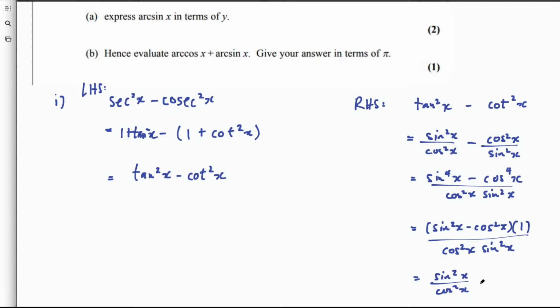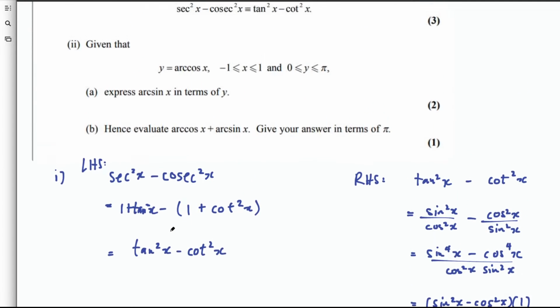This is what I saw anyway. And then that's your tangent and cotangent. Yeah, I didn't even remember to use those identities, but that's cool. That's a much better way to do it.